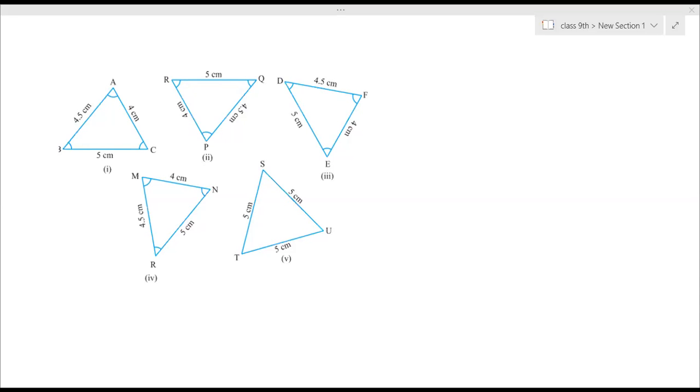Ma'am, triangles congruent only to ABC, not to anything else. Yeah, only to ABC. Done, ma'am. Ma'am, what should we find basically? Which triangles are congruent and their names.